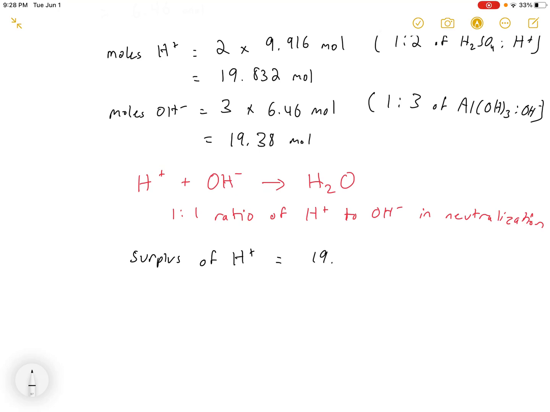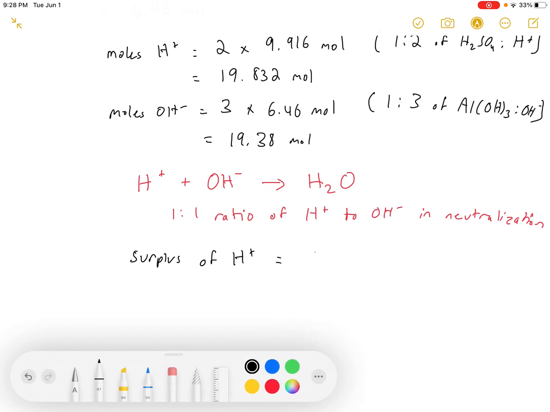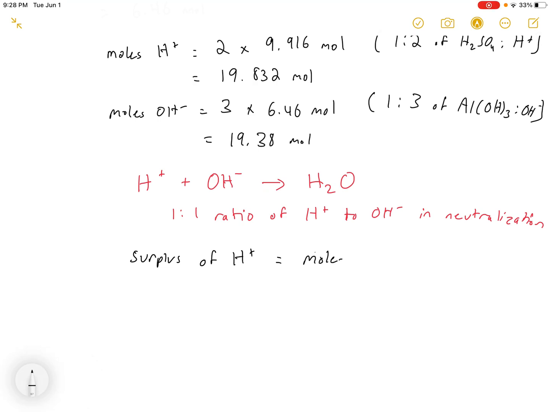Since there's a 1-to-1 ratio in the neutralization, we can just subtract the moles of OH minus from the moles of H plus.